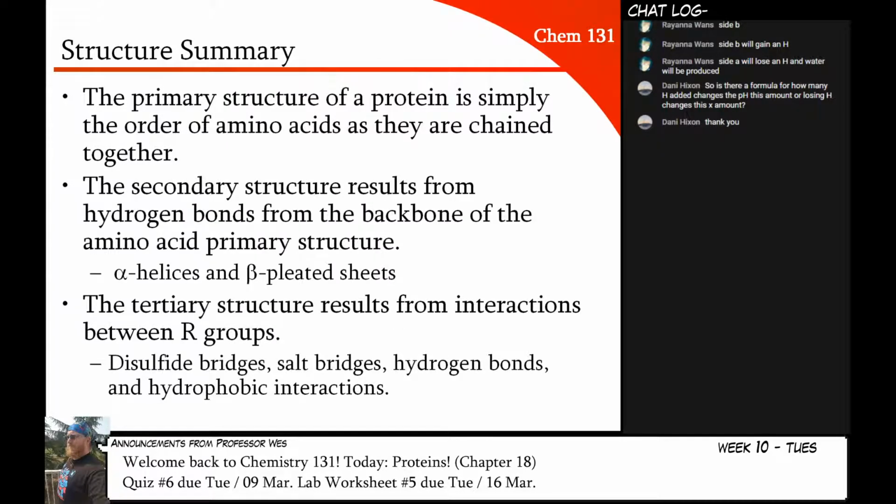So let's just put all the summary stuff in here. So primary structure is the order. The secondary structure is from hydrogen bonding on the backbone of the amino acid. So that's either alpha helices or beta pleated sheets, or we can write random.